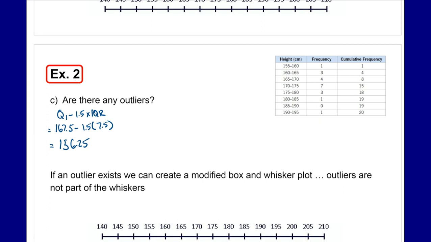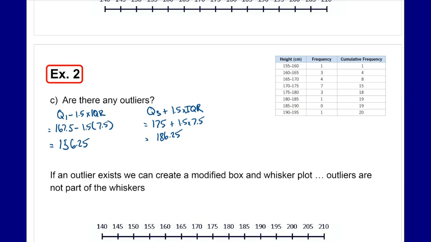And on the other end, our Q3 plus 1.5 times the IQR. So we have 175 plus 1.5 times 7.5. We get 186.25.